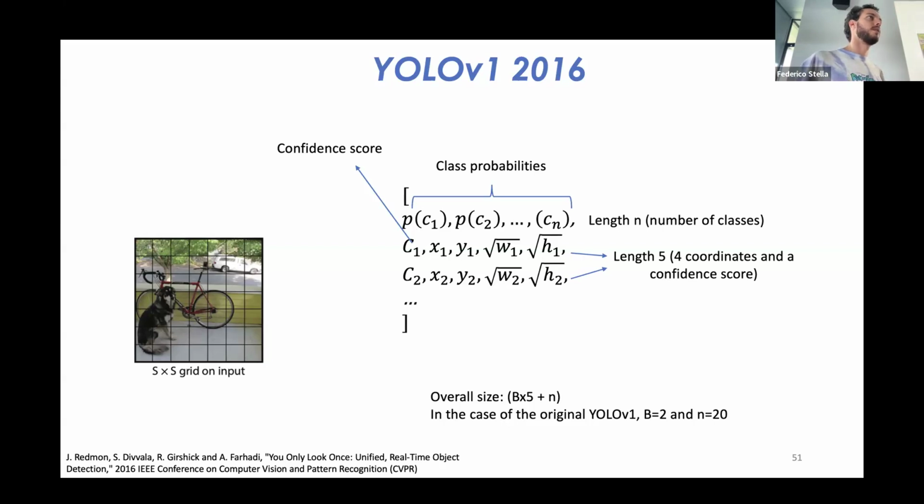Yeah? What's the difference between the confidence score and the probabilities? Yeah, so the thing is, we are not computing a single bounding box. We do not want to just find one object in the image and one bounding box in the image. We want to do it multiple times. If you want to do it very simplistically, let's not look at YOLO, we could have a bounding box that predicts class scores, and the highest class score is the class that is present in the bounding box.